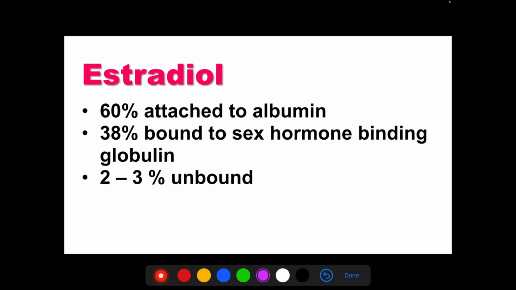How about its binding? 60% is attached to albumin, 38% of estradiol is bound to sex hormone binding globulin, and 2 to 3% is unbound. And you have to take note that conjugation is the major form of estradiol inactivation.